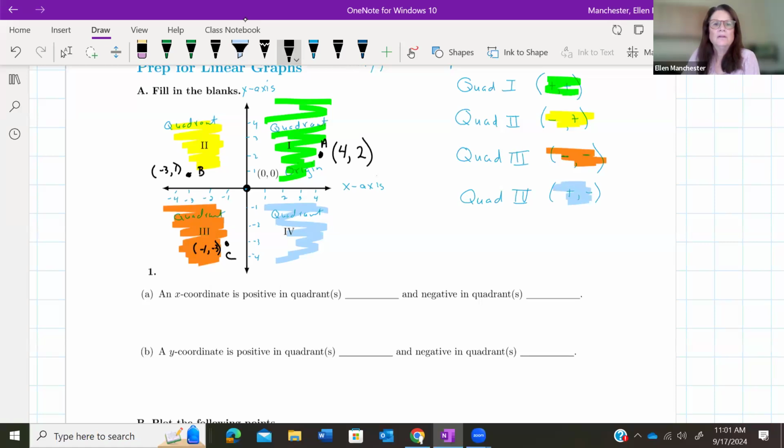And if I put a point right here, this is point D. What would that point be? Yeah, +4, -2. So you can see in quadrant 1, you have +4, +2. In quadrant 4, you have +4, -2. So you have to be really cognizant of which quadrant your point will go in.